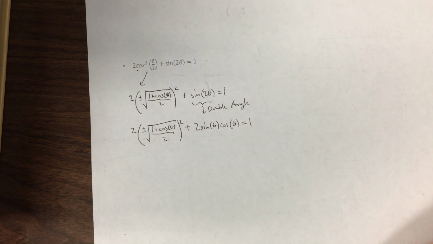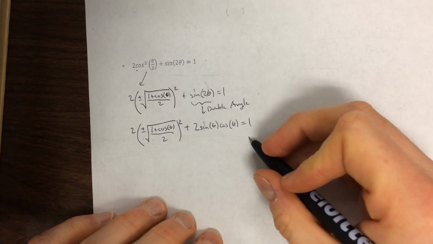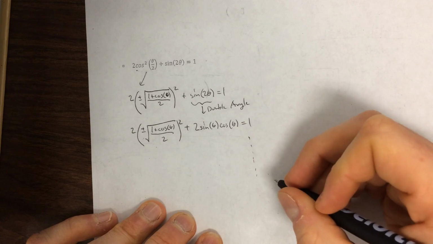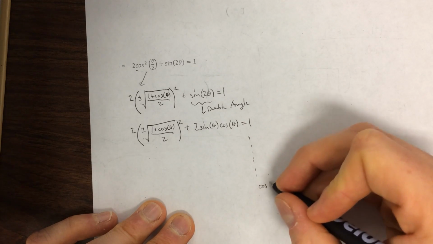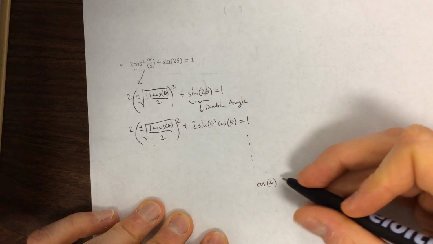And if you do that, what you should end up with is, let me make sure I'm doing my math right really quick. If you factor, you should end up with this.